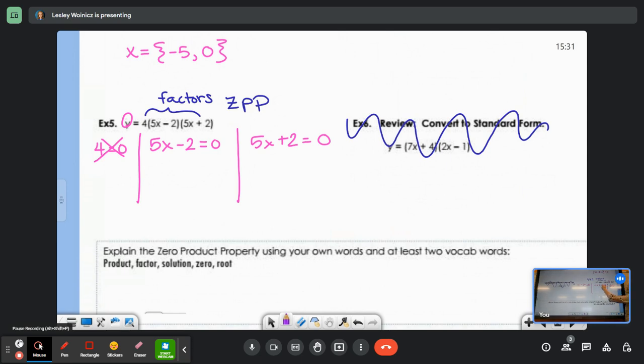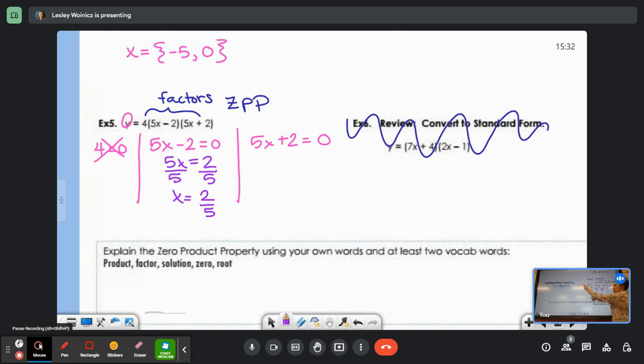How do we undo subtracting 2? Add 2. So I get 5x equals 2. How do we undo multiplying by 5? Divide by 5. So I get x equals 2 fifths.